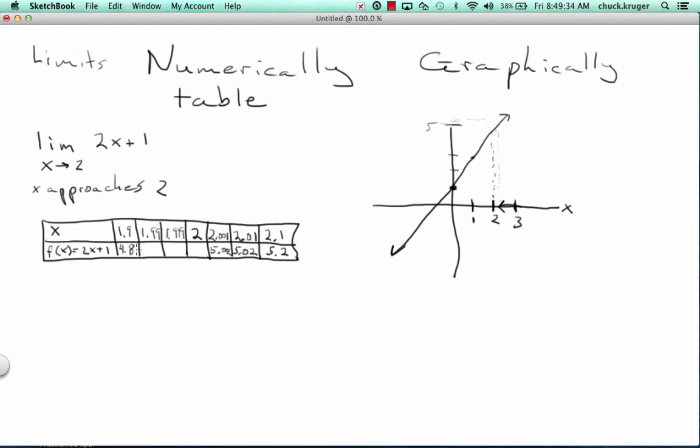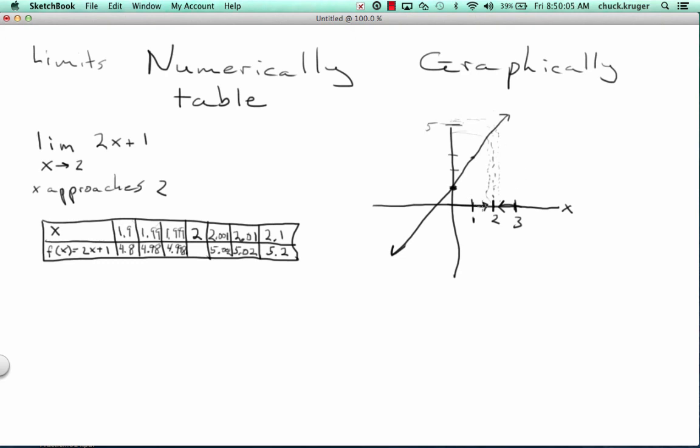The next one I'm going to get 4.98. And this one I'm going to get 4.998. And again, I'm approaching this way. My x values are smaller than 2. But I'm approaching 2 here, and I'm going up here, and I'm getting y values that are just less than 5, but very close to 5.